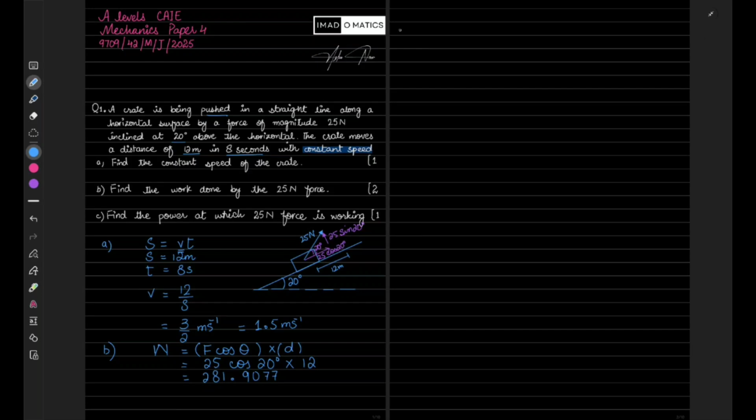Now let's get to part C. Find the power at which the 25 Newton force is working. We know the formula for power is F dot V. What is F in this? F must be the force that is making it move, which we call the driving force.